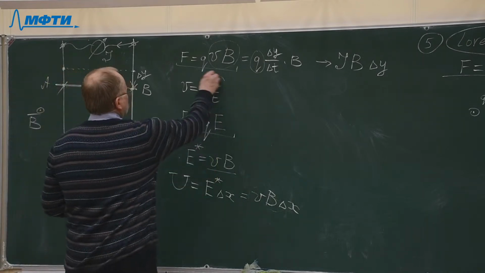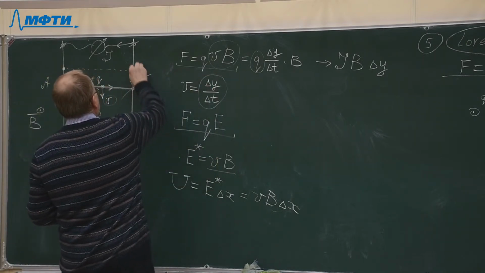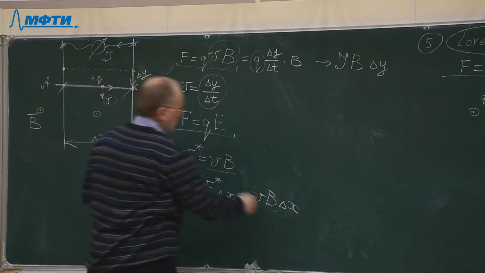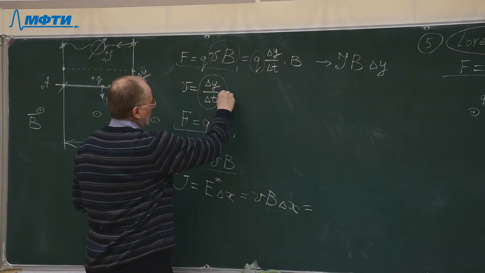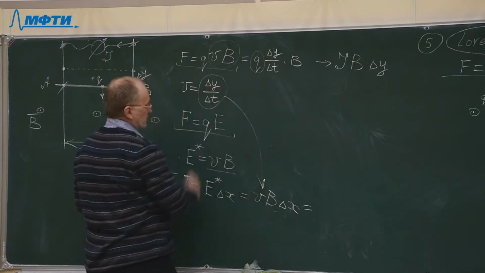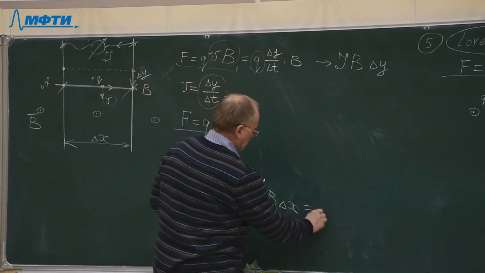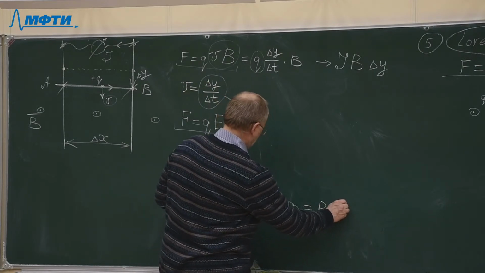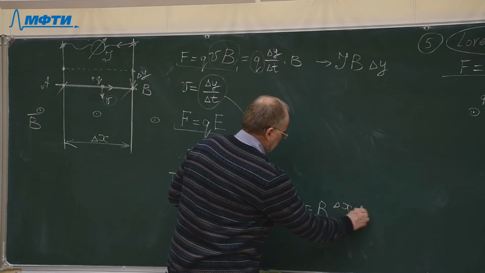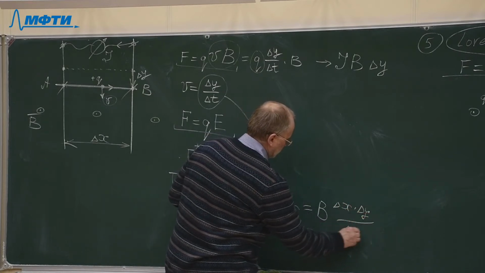And V is delta y, the displacement in the vertical direction, by delta t. So if we substitute for V this expression, delta y over delta t, we will obtain B delta x times delta y divided by delta t.